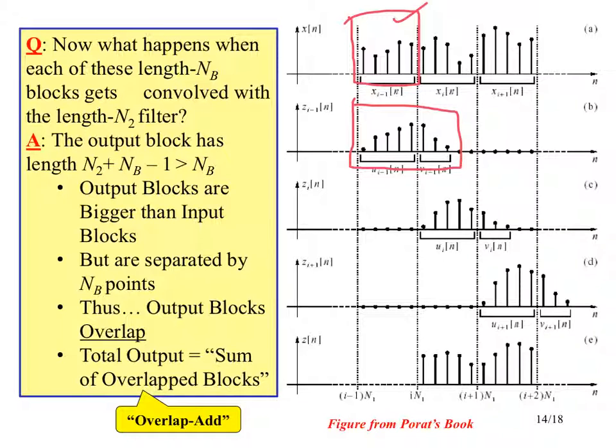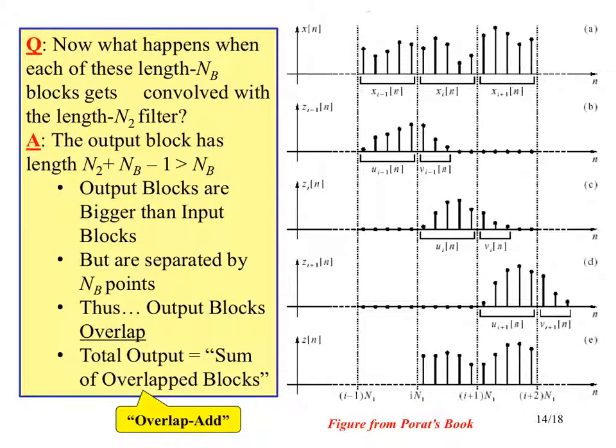So the first output sample is going to be aligned with the first input sample of that block, and then eventually we end up getting some number of points that goes beyond the boundary of the block. But that's fine. That's the output due to the linear convolution computed using products of DFTs.